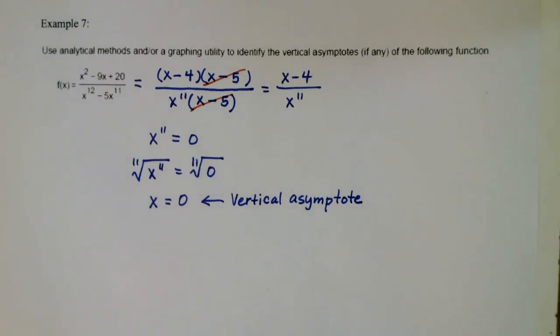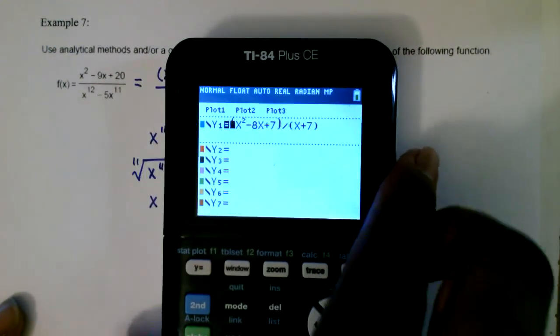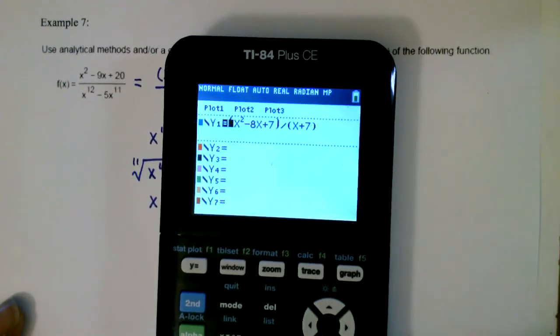That's going to be the vertical dotted line that crosses the x-axis at 0, which is actually, in this case, going to be the y-axis if you look at it. I'm going to try to enter this in the calculator so that you can see what that graph looks like, if at all possible. I'm going to clear this out.